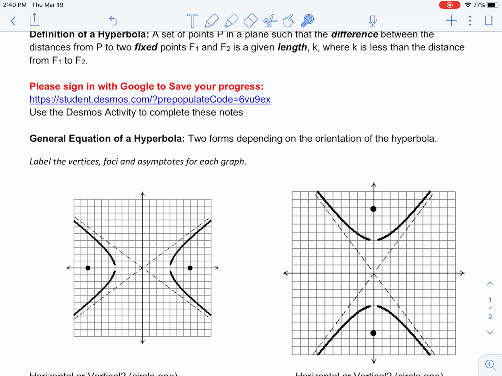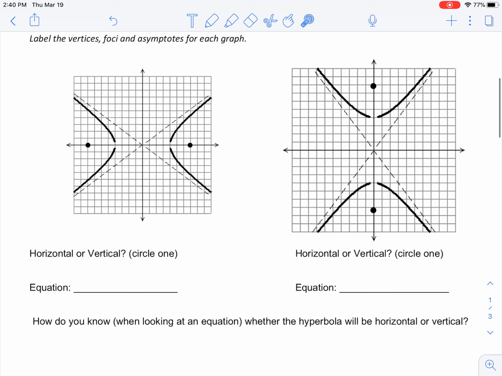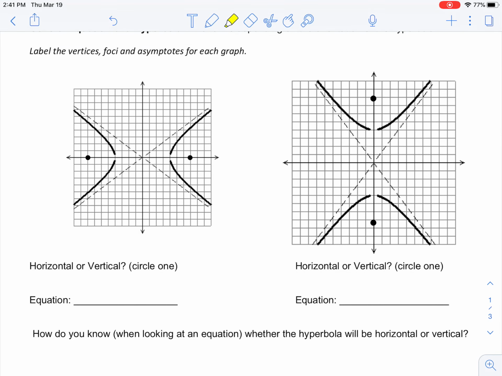Okay, so what is the general equation of a hyperbola? Well, it's got two different forms depending on whether you have a horizontal or a vertical. One thing that I want you to think about is the foci are really these two points.